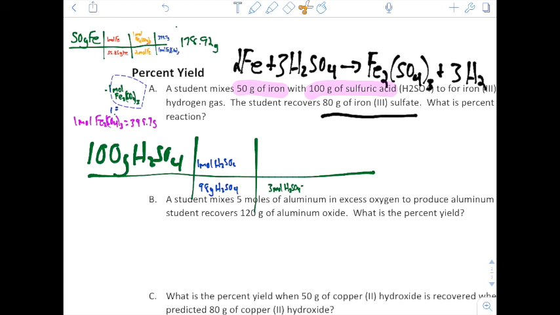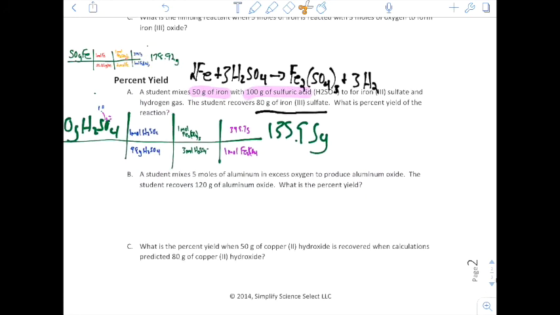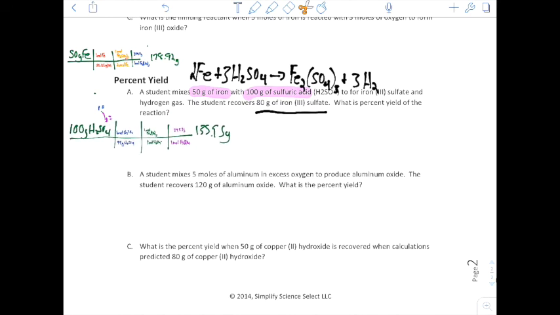Multiply the top, divide by the bottom, and what I get is 135.95 grams of our iron(III) sulfate. So what that means is that we know our sulfuric acid is our limiting reactant because it's the smaller amount. What this also means is this 135.95 grams is going to be our theoretical yield.